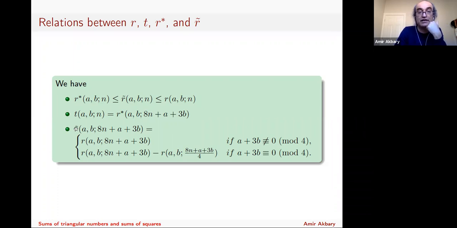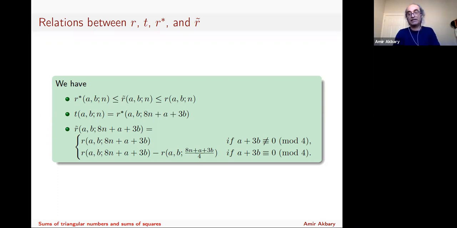So in that case, R tilde is going to be the same as R. But if a plus 3b is a multiple of 4, then we have the total number of representations, which we denote by R, and we have to subtract the number of representations where all the components are even. But if all the components are even, their squares are divisible by 4, and you divide both sides by 4, so the number of ways that all the components are even is going to be R_{a,b} of (8n plus a plus 3b) divided by 4.